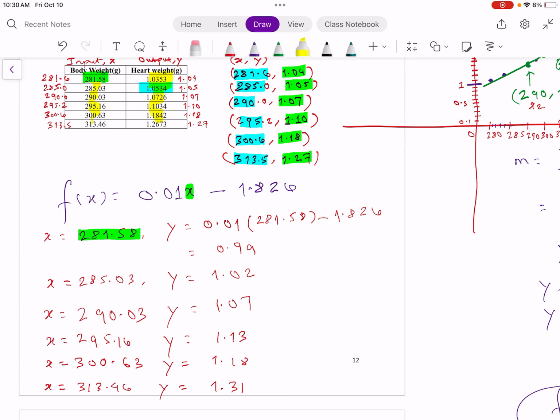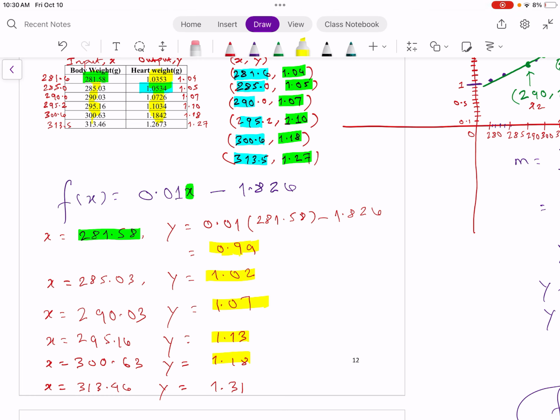Now, using our function, we calculated the heart weights. The heart weights given in the table are the actual heart weights of the rats, but the heart weights that we calculated using this function are the predicted ones. So we make a prediction of the heart weight of the rat using this function.